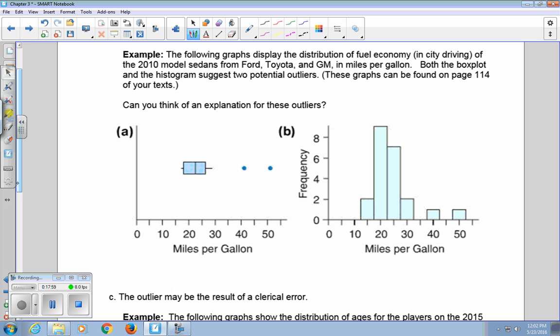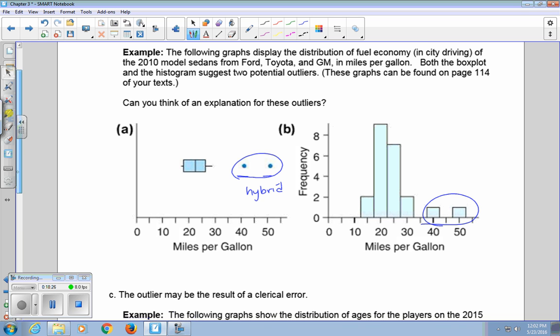They show on both the box plot and the histogram. And why do we think that these are outliers, and what's an explanation? So maybe these ones are hybrids, and that's why they're so much more fuel efficient. They must be different from the rest for some reason. And so you can look into what's causing them to be so far different from the pack.